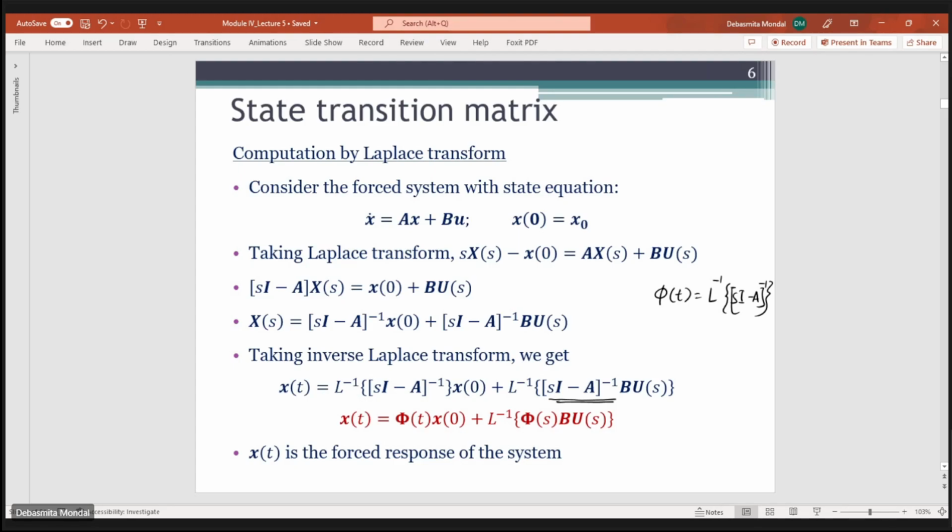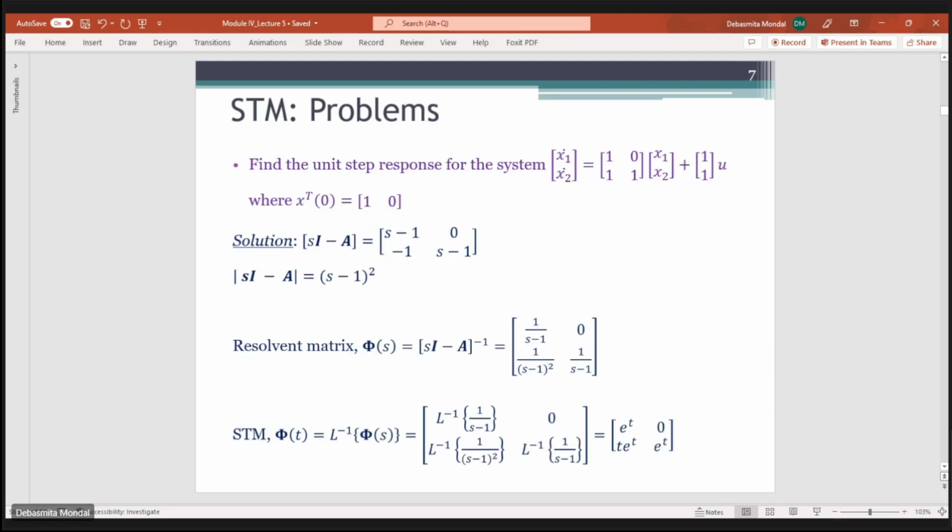In those systems, computing the state transition matrix using the Laplace transform method becomes much more tedious. So in those systems we use something else, known as the Cayley-Hamilton method, in order to compute the value of the state transition matrix.